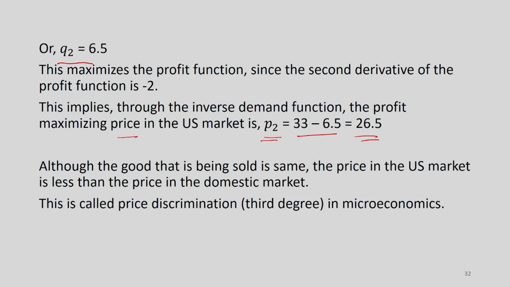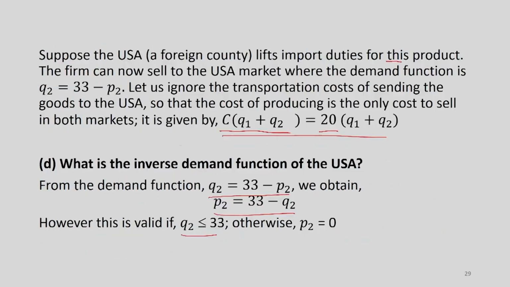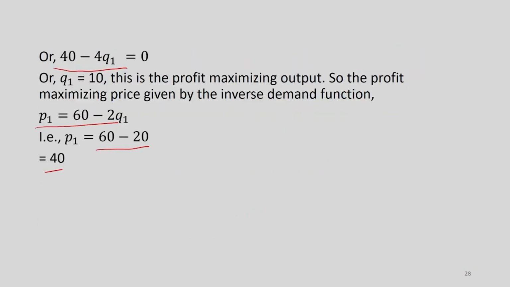Here is an observation. Although the good that is being sold in both the markets is the same, the price in the US market is less than the price in the domestic market. P2 is 26.5. What was P1? P1 was 40, right.